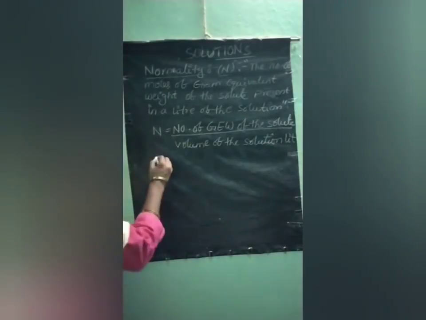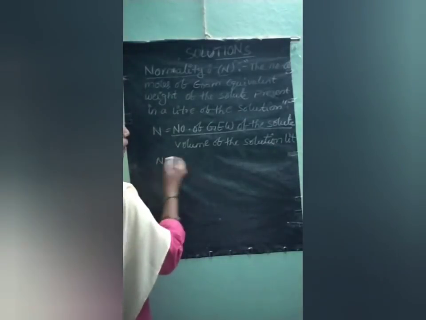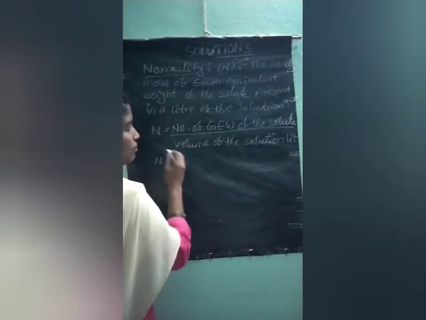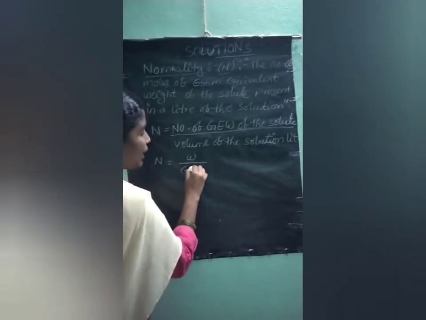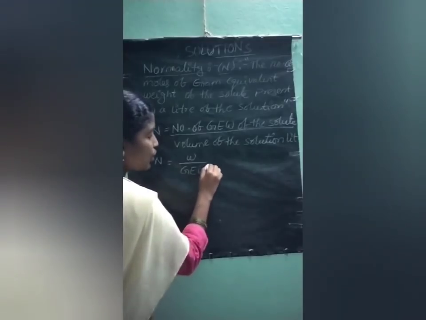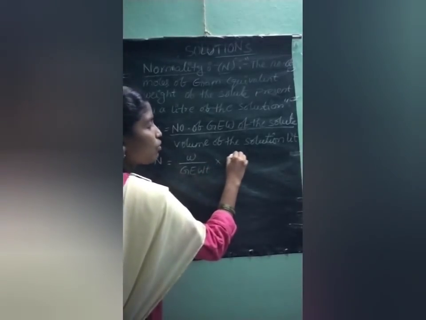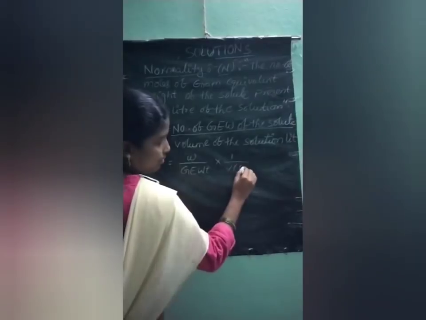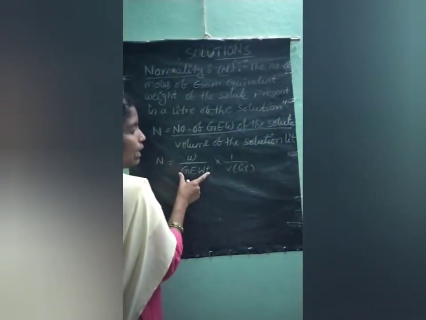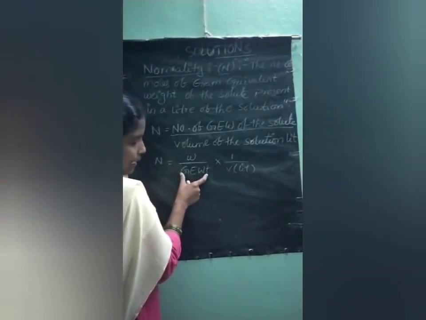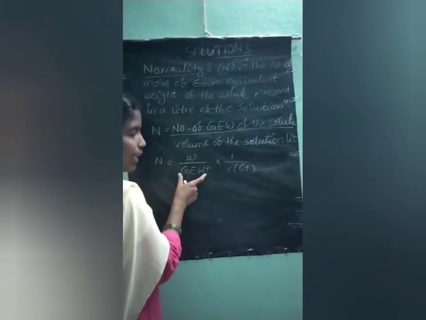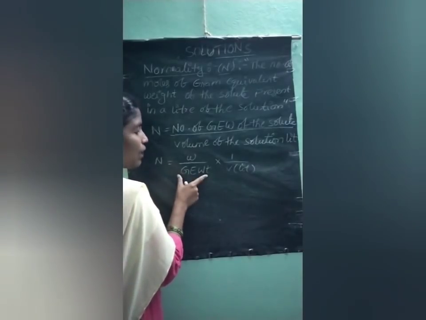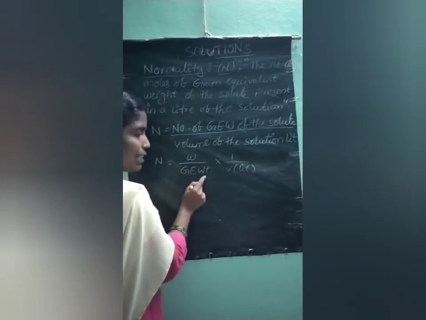Writing the formula again: the weight of the solute by the gram equivalent weight of the solute, into 1 by volume in liters, is the same as molarity. But here in normality, in place of gram molecular weight, gram equivalent weight is present.